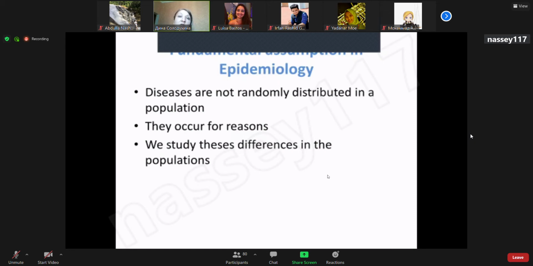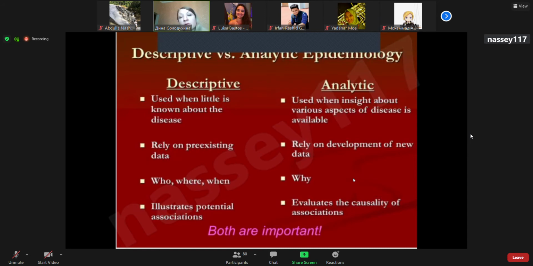Okay, there are two main areas of epidemiology which we will discuss, and we cannot say that one is more important than another one, but they are absolutely equal, and they are equally used as a tool for research in the field of health of people and diseases. Those two parts of epidemiology are descriptive and analytic.